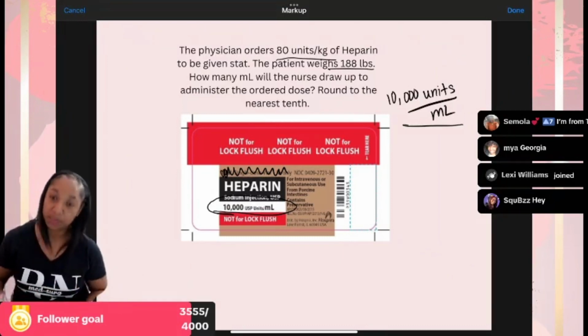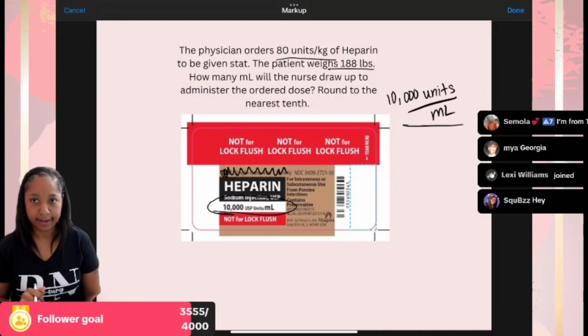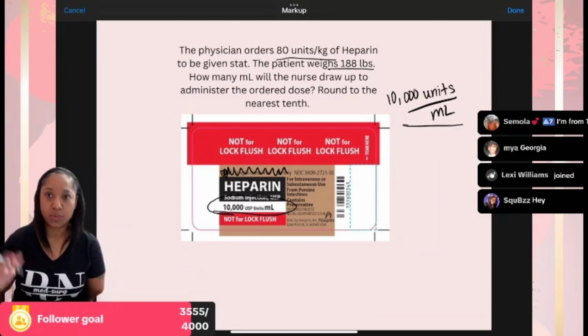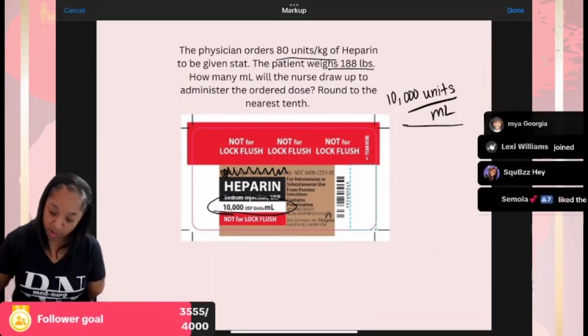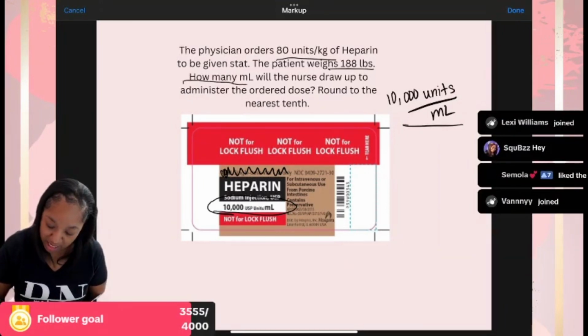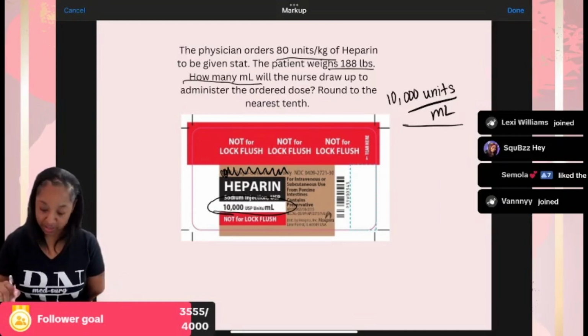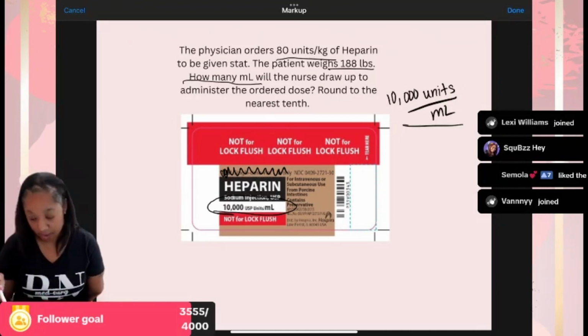All right, I'm going to do this with dimensional analysis, and then I'll also do it in ratio and proportion. With dimensional analysis, we start with what we are looking for: how many mLs are we going to draw up, rounded to the tenth.